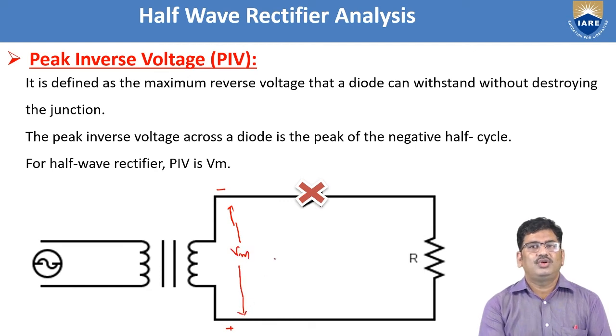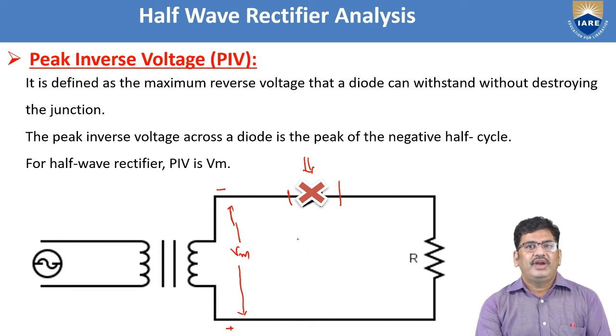As it is a negative off cycle, the diode is open circuited. So across these two terminals where the diode is placed, whatever the voltage drop present inside it will give the peak inverse voltage. When the diode is open circuited, the amount of current flowing through the circuit is 0.